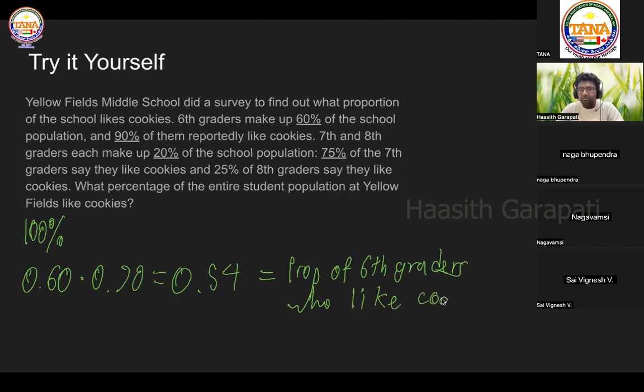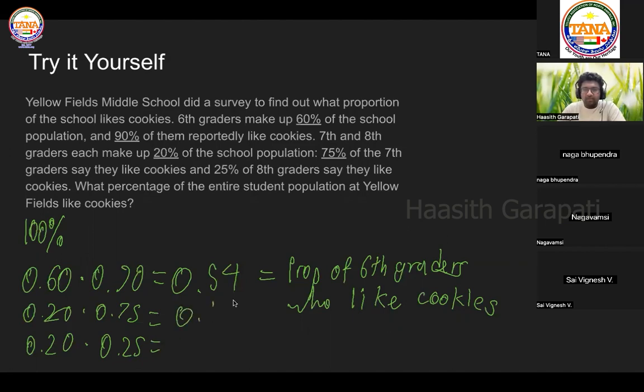And then you can do the same thing for the other grades. What about seventh and eighth grade? So seventh and eighth grade are both 20%. And then 75% of seventh graders like cookies, and only 25% of eighth graders like cookies. Those are some grouchy eighth graders. And then you do 0.20 times 0.75, which is 0.15.